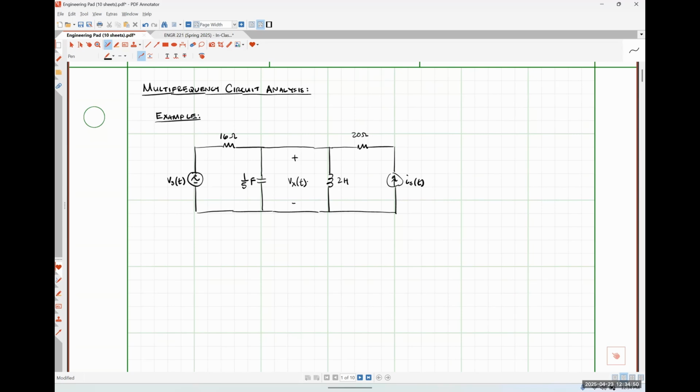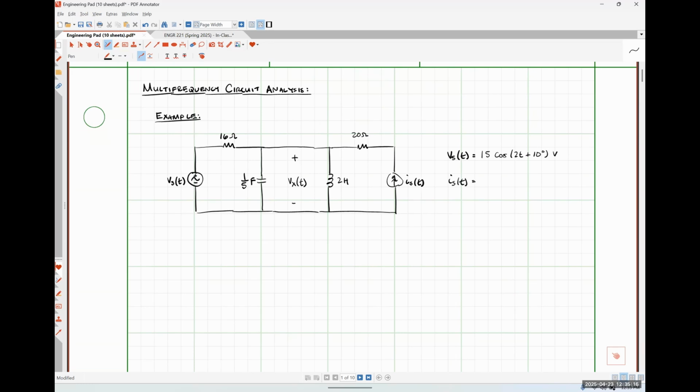And where things will get interesting, so to speak, is going to be here where I define my sources. So let's say that my sinusoidal voltage source is 15 cosine of 2t plus 10 degrees volts.